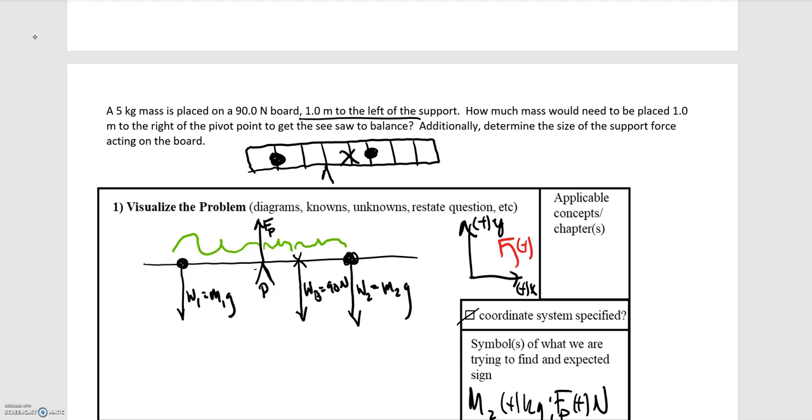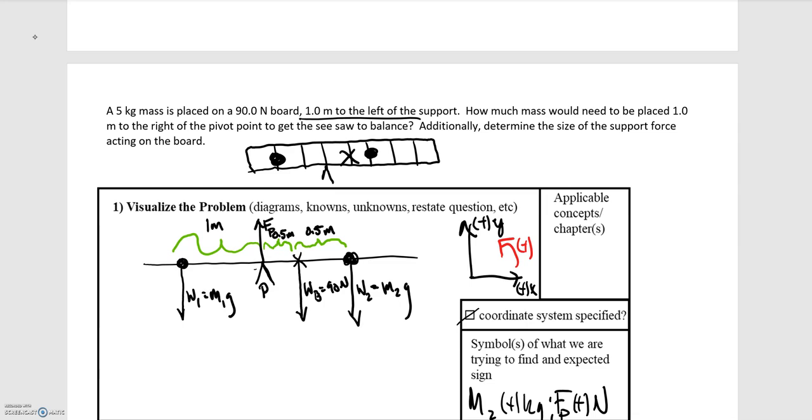Now we can label our distances. I've already mentioned the first block is 1 meter away. Then to the center of mass of the board, that's half a meter. And from that point, another half a meter to the second block.